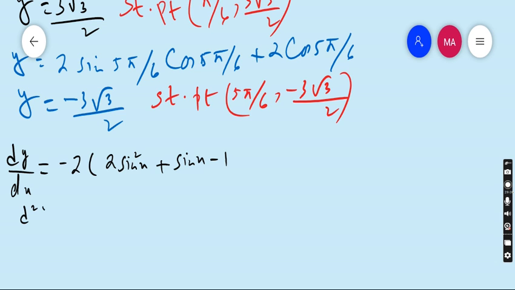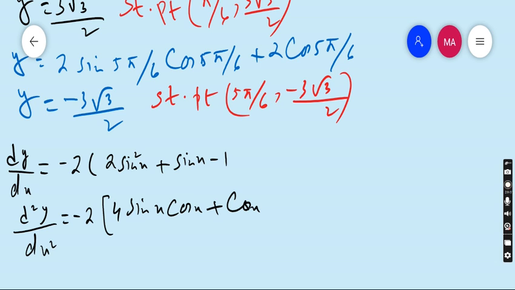So the double derivative d square y by dx square is minus 2 times: 2 sin square derivative is 4 sin x cos x, sin x derivative is cos x, minus 1 derivative is 0.